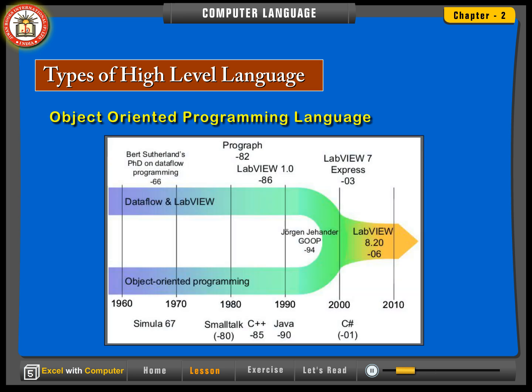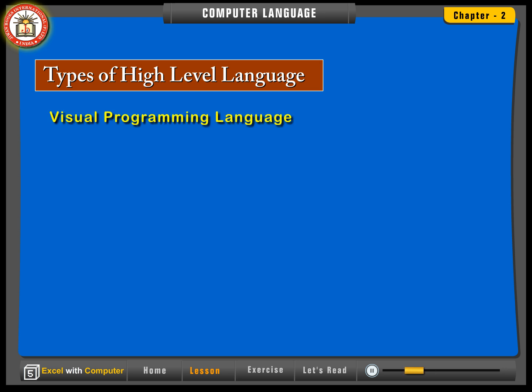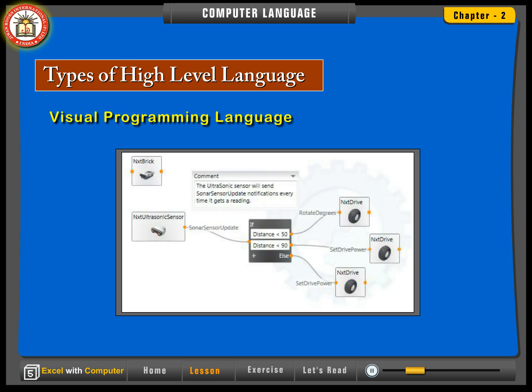In this programming language, all the files' inputs and outputs are considered as discrete objects, and the programs dealing with these are part of the same objects. For example, C++, Java, etc. Visual programming language. These are the programming languages specially designed for building Windows-based applications. For example, Visual Basic, Visual Java, Visual C++, etc.